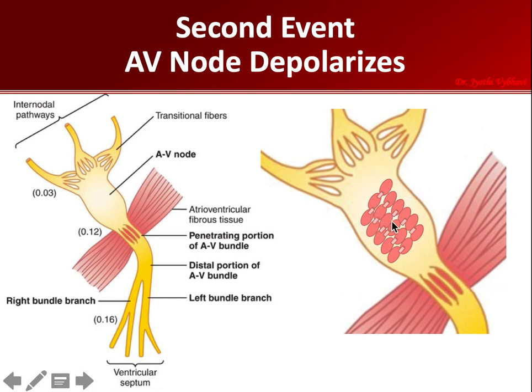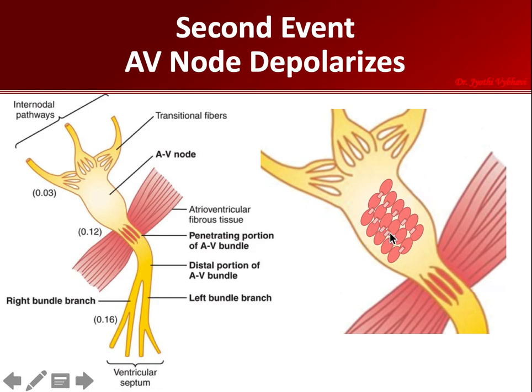Because they are small and have fewer gap junctions, there is great resistance to conduction between excitable cells. For the depolarization wave to come to this cell, then this cell, and then the other cell, it takes a lot of time. So the delay is happening because of the large number of small cells and the fewer gap junctions.